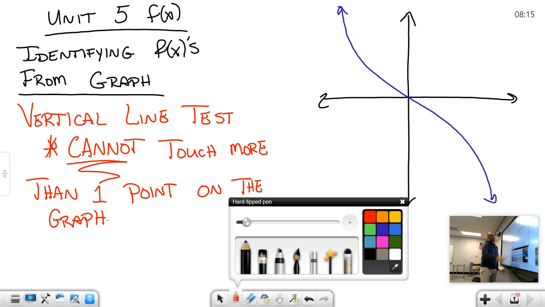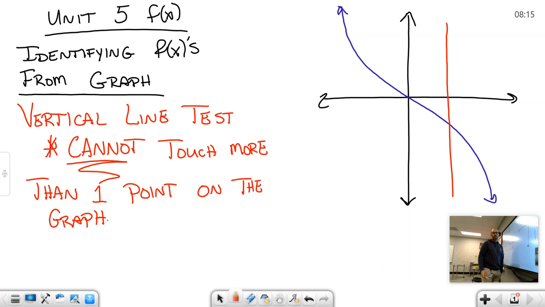So some of you may look at that and go, well, that's not a function, just because it has curves in it. Okay, it might kind of throw you off a little bit. Let's say I draw a vertical line here. How many points did I touch? I only touched one. Let's draw another one. How many points did I touch? I only touched one. So this would be a function.